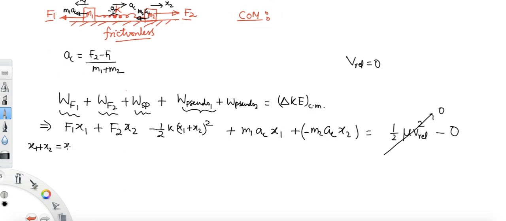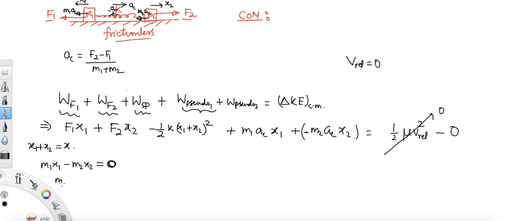Let's say x1 plus x2 is x. Also, since we are observing this from the center of mass frame, m1 x1 minus m2 x2 must be equal to 0, because the coordinate origin is located at the center of mass.